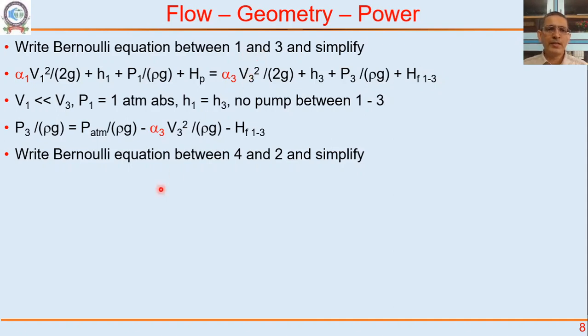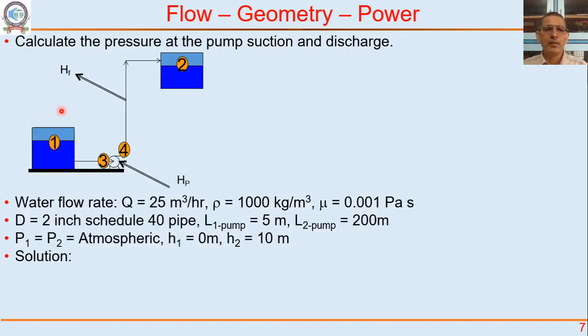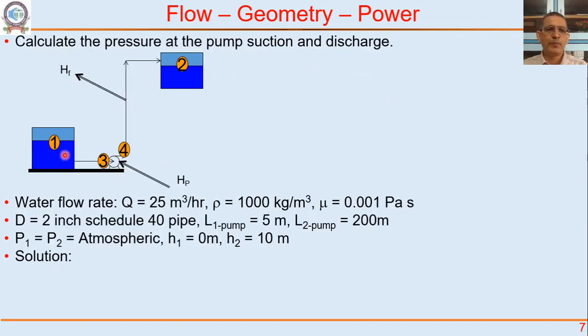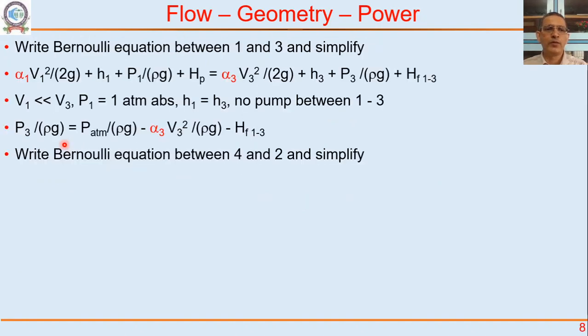Now velocity in the tank is very small as compared to velocity in the pipe. V3 is nothing but velocity in the pipe, that's 3.2 meters per second. So V1 is very small as compared to V3, so V1 square by 2g I can neglect in comparison to V3 square by 2g.